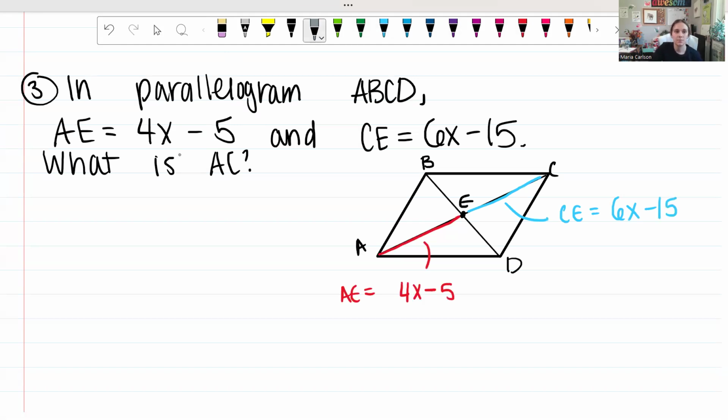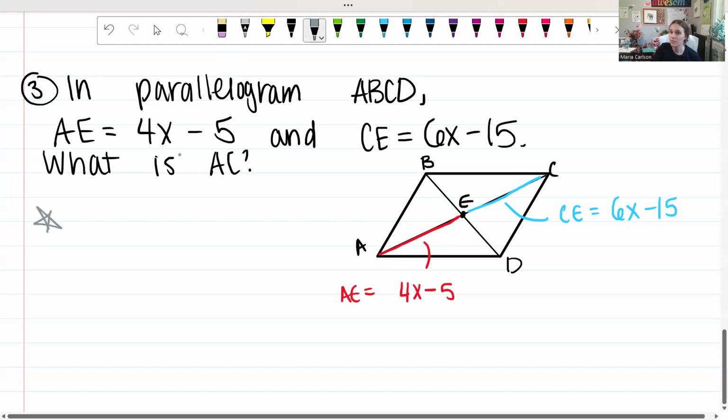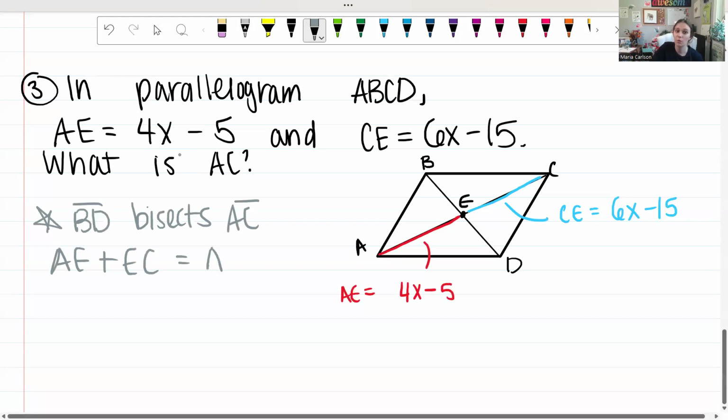Because this is a parallelogram, we know that this line BD bisects AC, which is the line we're trying to find. I know then that AE plus EC, if I add up these two halves, will give me the whole length.